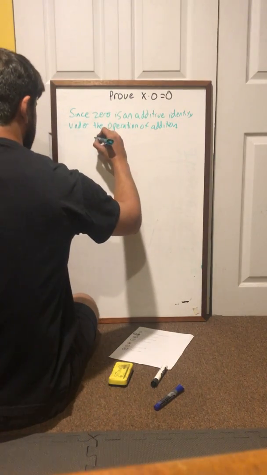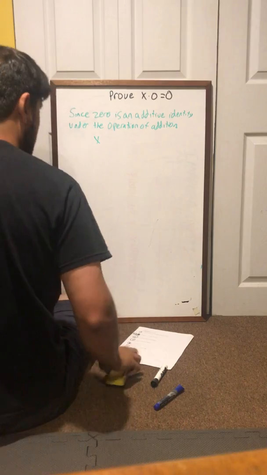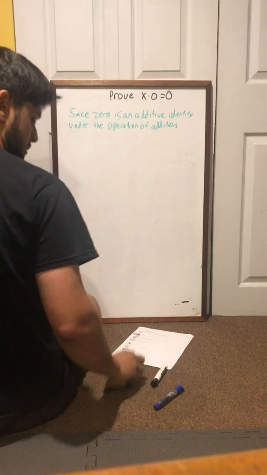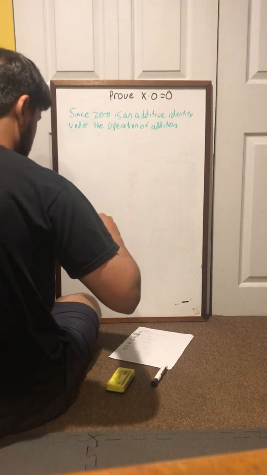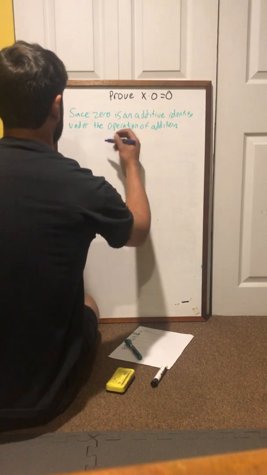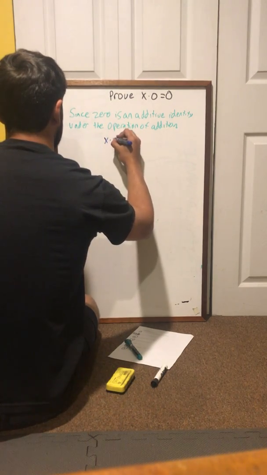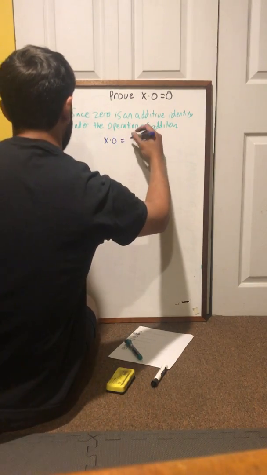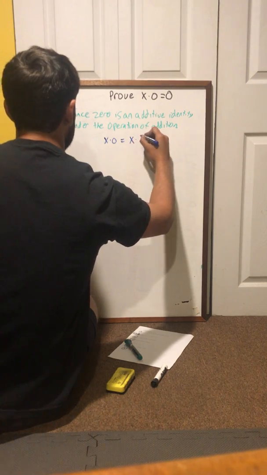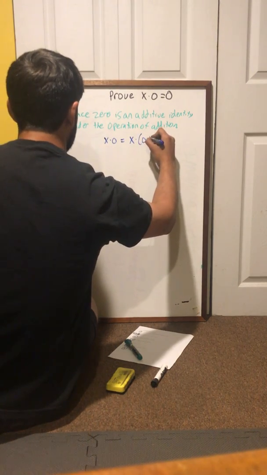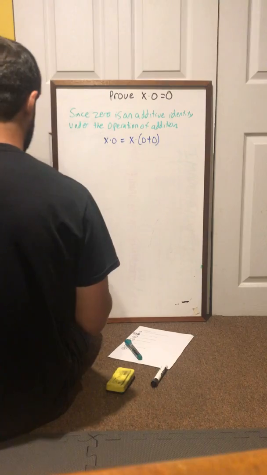So we're going to say x times 0 equals x times 0 plus 0, okay?